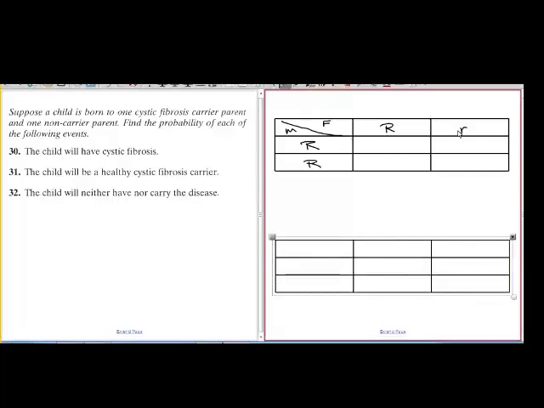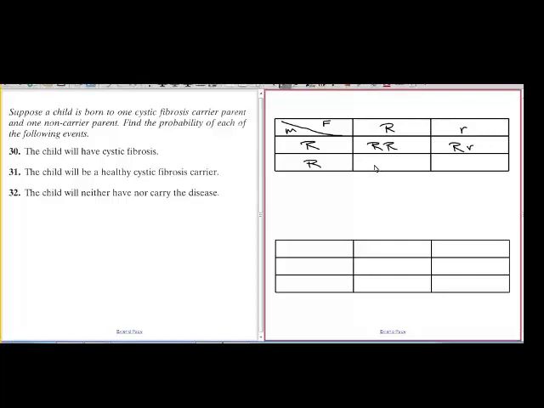So the chances of getting a particular gene from your parents is a 50-50 proposition. So the 4 different possibilities are to get the dominant gene from both parents, to get the dominant gene from the mother but the recessive gene from the father.